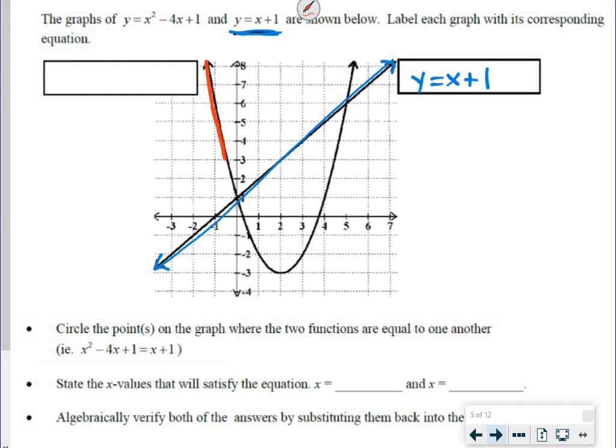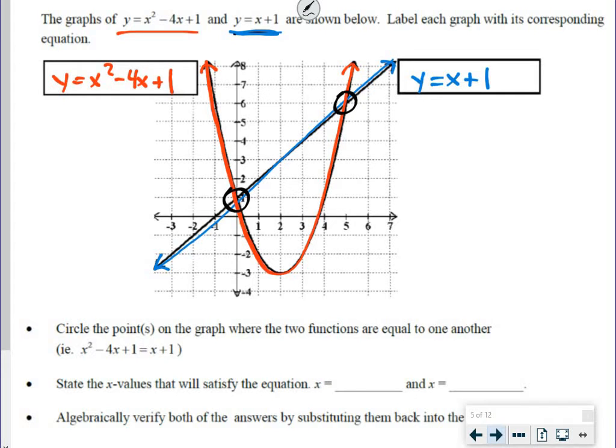And the parabola here would be represented by this equation. So that would be y equals x squared minus 4x plus 1. Now we are asked to circle the points on the graph where the two functions are equal to one another. They would be there and there.